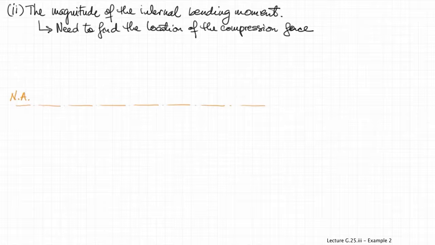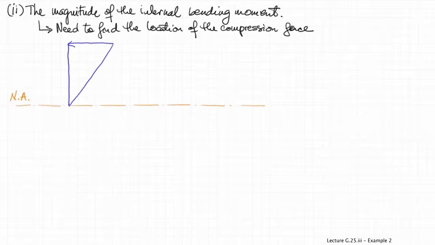Having said that, let's look at the part of the beam in compression. So I'm going to represent here only the stress blocks which are above the neutral axis, so the part in compression. So the overall stress block looks like a big triangle, like so.